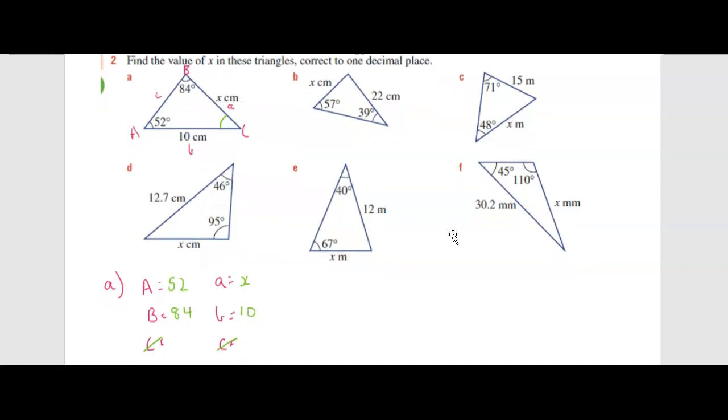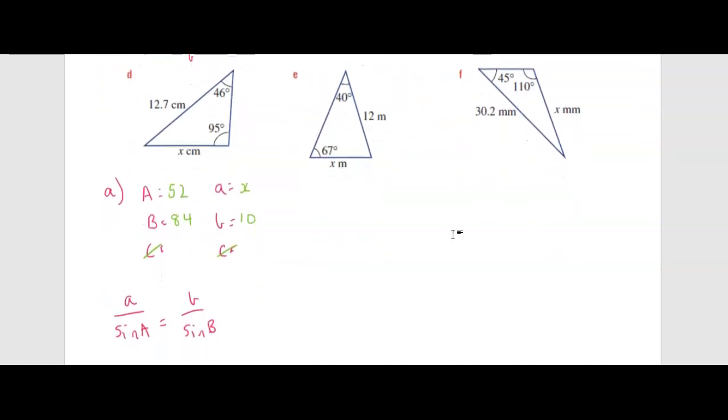All right, I'm going to do another one. So let's do E just so I can see it while I'm writing. All right, so the first thing, label your triangle. It doesn't matter what you label A, B, C. So then just rewriting it.